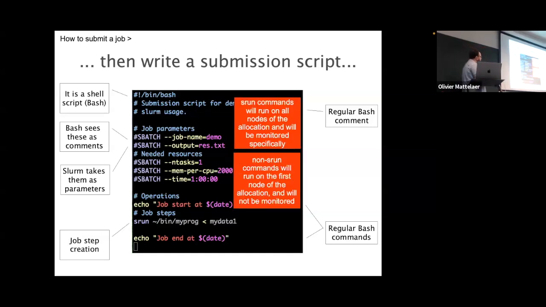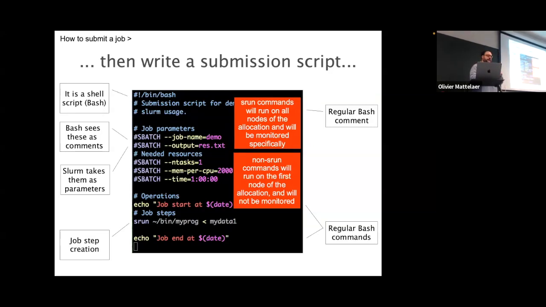Now about srun. So there are two main things about srun. The first one is that srun will run this program on all the compute nodes of the allocation. So if you have only one node, it will run on one node. But if you have asked for 2 nodes, the srun command will run this program one time on each node. And actually, the number of times it will run the program, this will become clear with the parallel job.